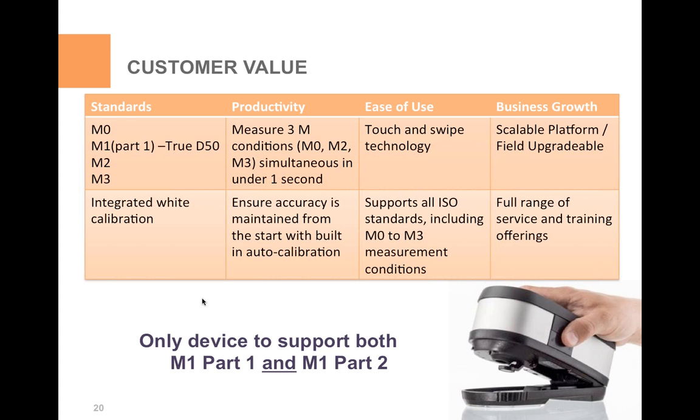You'll be able to use the Exact to measure to those standards, create templates, measure against the G7 standard, and have that data entered into adjacent software. So there's great value for the customer in using this new technology. And again, we want to stress that the Exact is the only device that can support both the M1 Part 1 and the M1 Part 2.